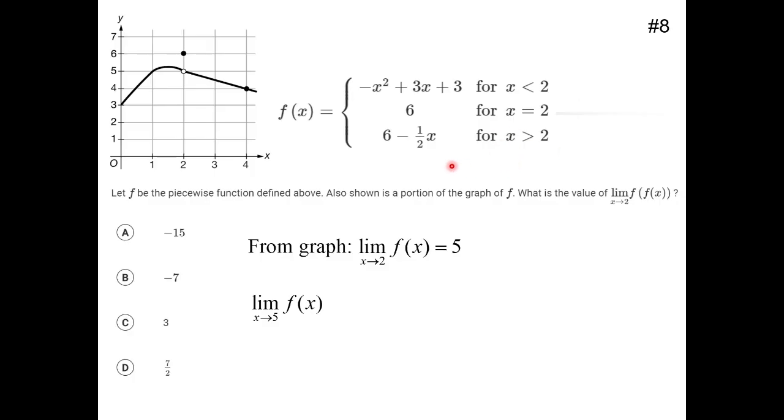So for 5, we can actually just plug it straight up into the rule that 5 falls into, which is this third rule here that covers all the x values greater than 2. So we're going to be doing 6 minus 1/2 times 5. That's 6 minus basically 2.5. Which is going to be 3.5 or 7 over 2. And that matches up with choice D.